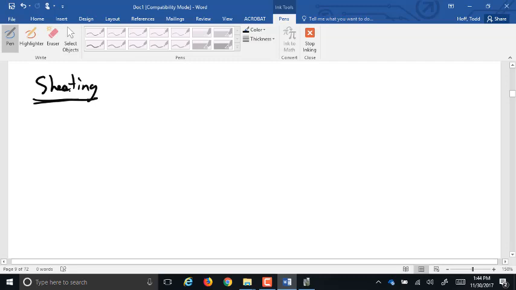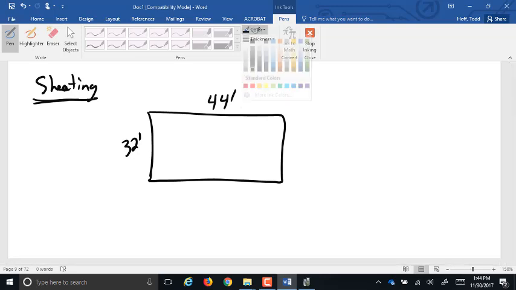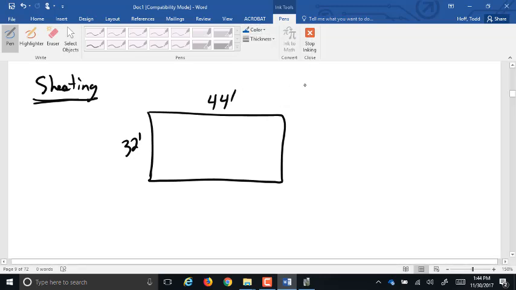For looking at sheeting a house, there are really two pieces that we're going to deal with.